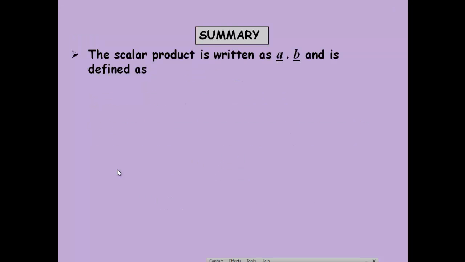So to summarise, the scalar product we write like that, and we define it as the 2 vectors multiplied together equals the product of the magnitudes of the vectors and the cosine of the angle between them. Remembering that the angle between them is always where the vectors are directed either both away or both in the direction of the angle, and not with them in different directions.